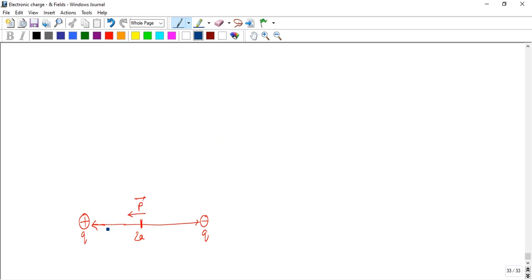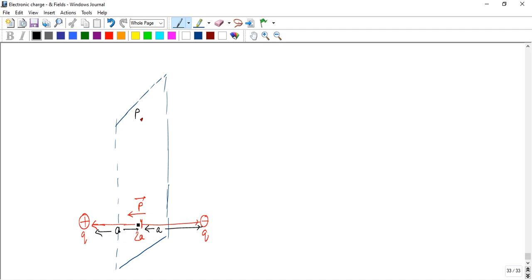So the equatorial plane means a plane that bisects this dipole, and point P lies here on this plane. That distance is a, and that distance also is a.